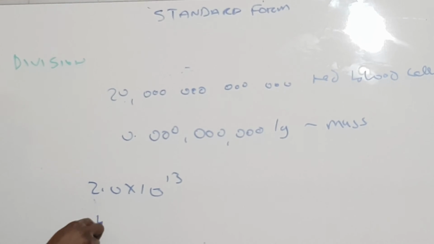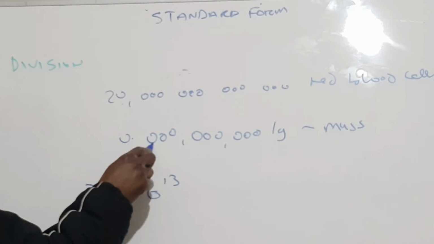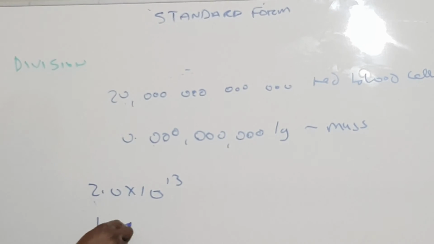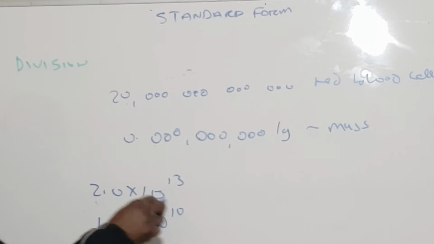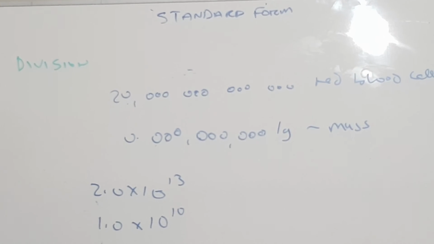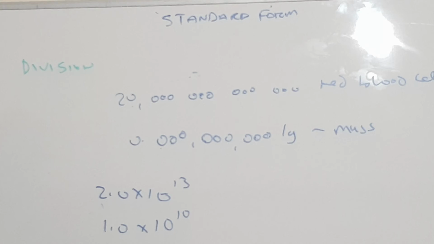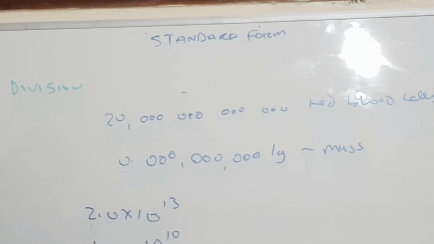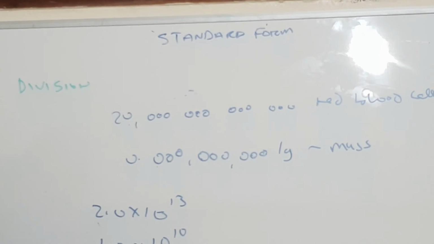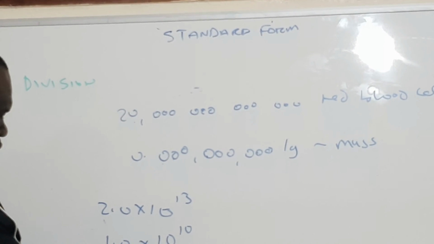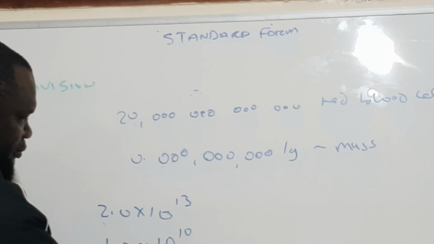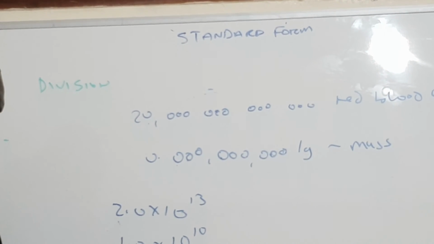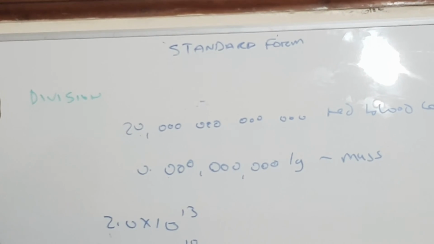This one 1.0 times 10 to the power 1, 2, 3, 4, 5, 6, 7, 8, 9, 10. 10 to the power 10. Now the total mass will be, if you multiply this by that, isn't it? Yes? So that will be 2.0 times 10 to the power 13 times 1.0 times 10 to the power 10, which is 2.0 times 10 to the power 23.